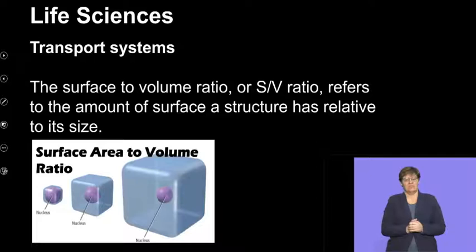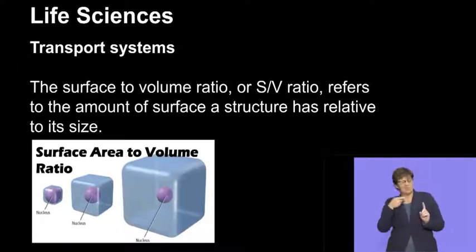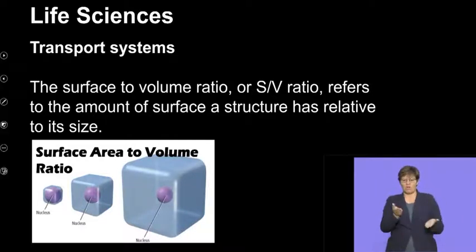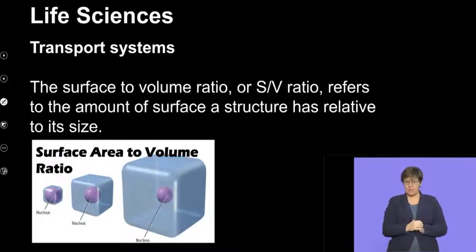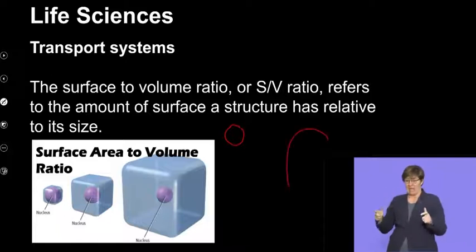The first thing we're going to start off with is the concept of what a surface to volume ratio is. What I mean very simply is that some organisms are really, really small, and then you get some organisms that are really, really large.